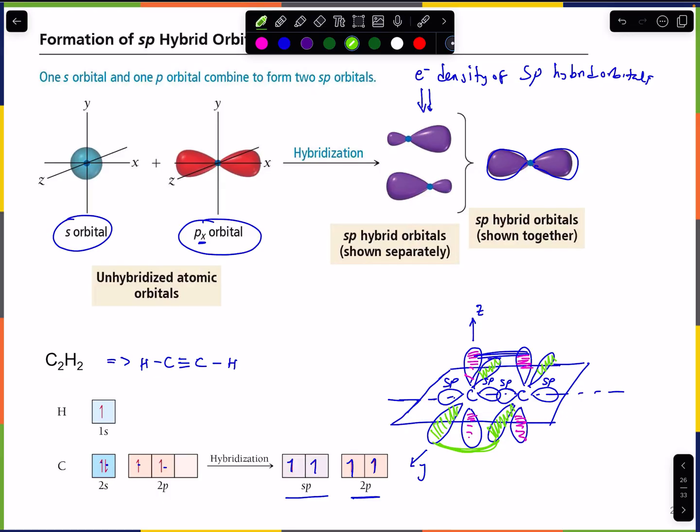So in this case, we can say that the triple bond between carbon atoms is due to the following overlaps: sp-sp, and then py-py, and pz-pz overlappings.